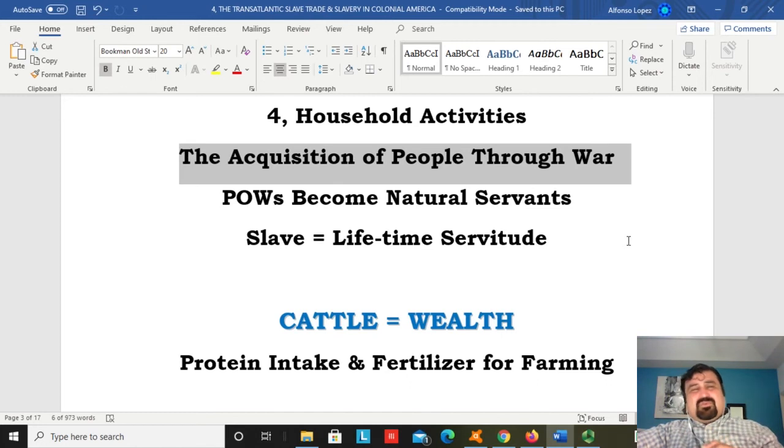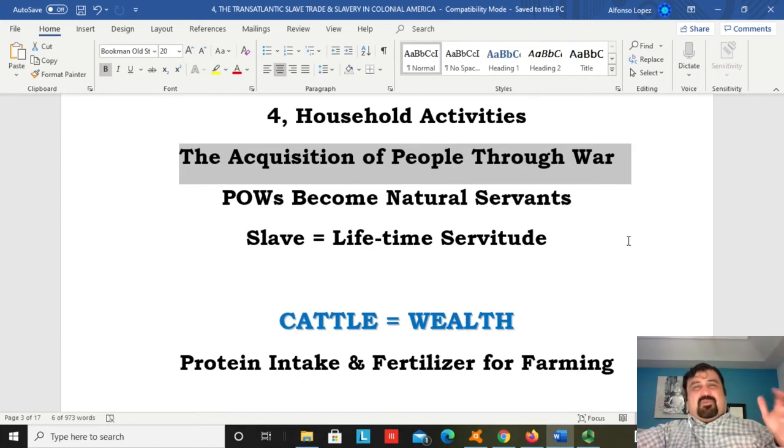And what you would do is not wage war as a means to decimate those populations, but rather to carry out what is called a forced adoption. So warfare was not used to decimate populations, but rather to capture people, prisoners of war, so they can become natural servants. That was the idea. So you would adopt them.